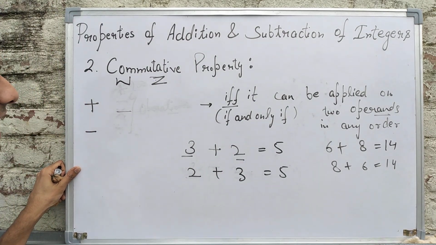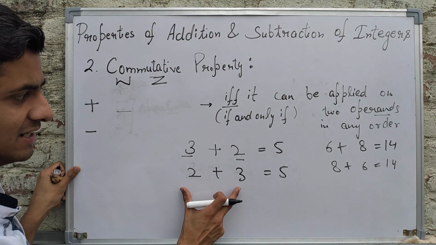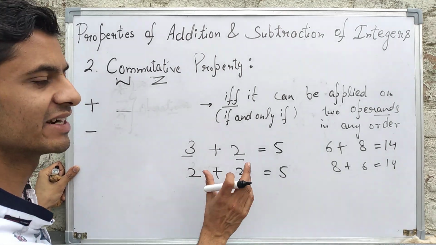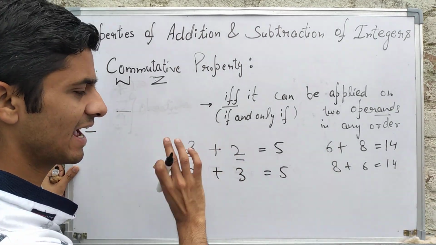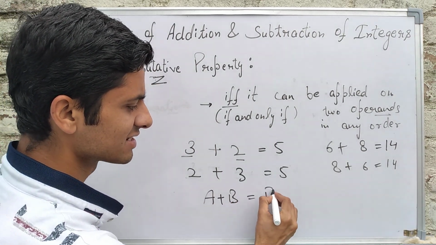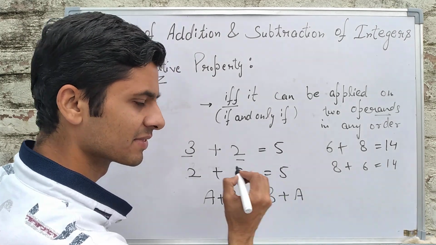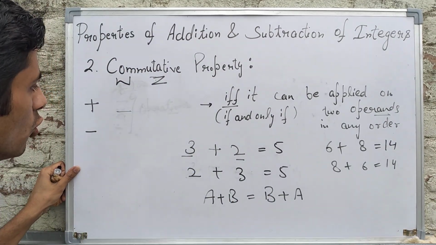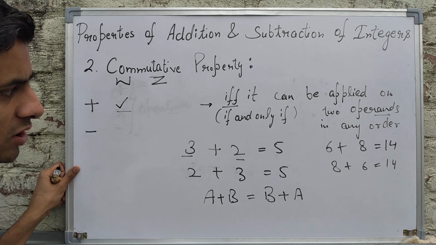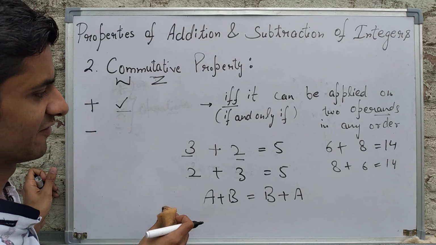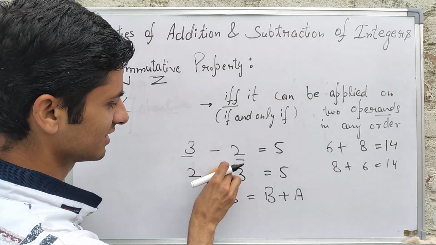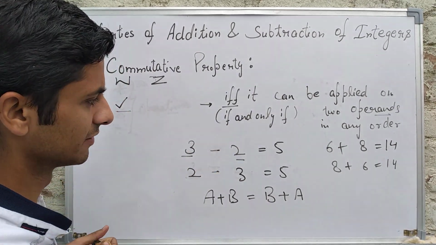So you will see that two whole numbers can be added in any order. a plus b is the same as b plus a, where a and b are whole numbers. So we'll say addition is commutative for whole numbers. Now let us check whether subtraction is commutative for whole numbers. 3 minus 2 and 2 minus 3.